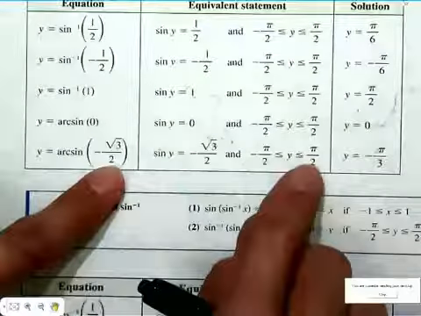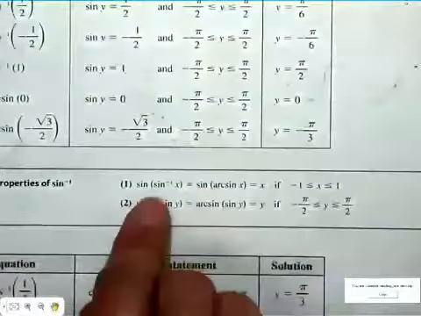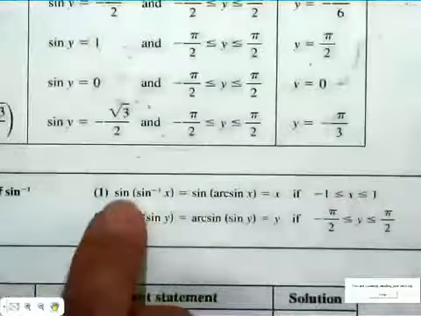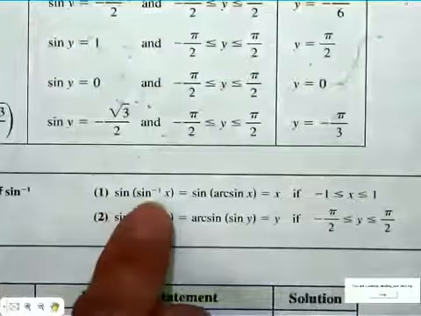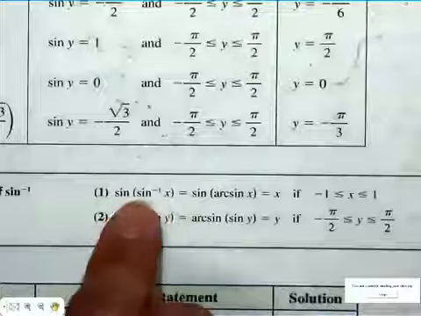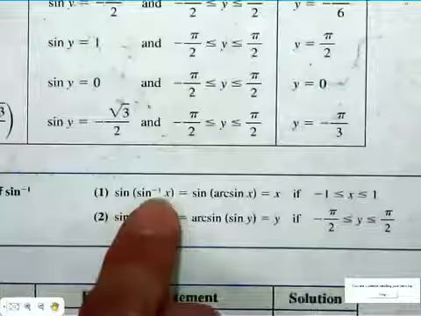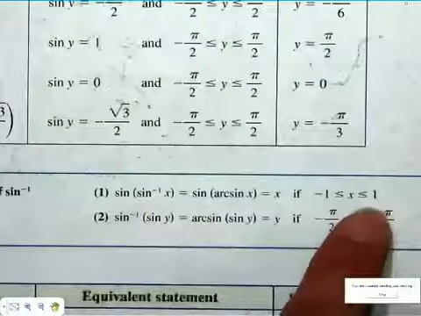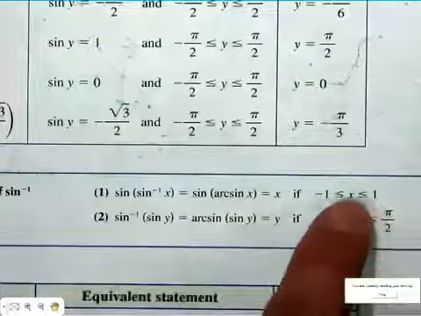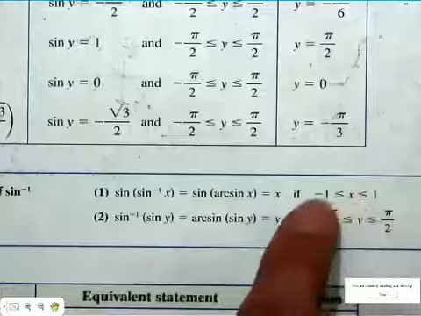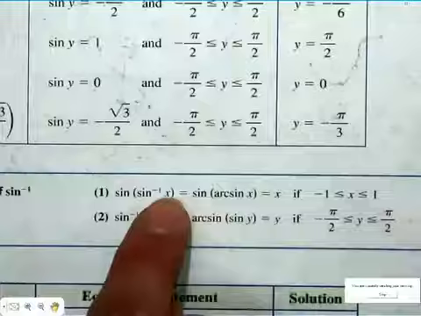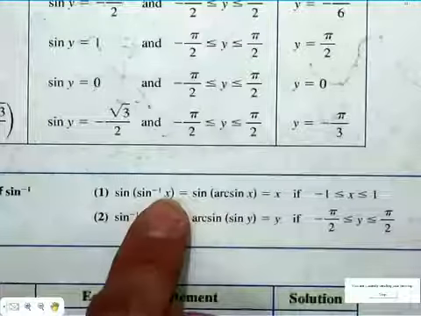Now, these properties have to do with the undoing nature of a function and its inverse. When you see sine of inverse sine, they just undo each other and always leave you x. That's true as long as x is a number between negative 1 and 1. But if x is not between negative 1 and 1, then you can't find the inverse sine of x.